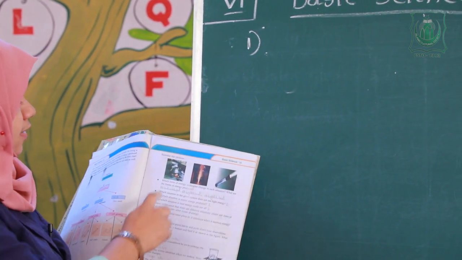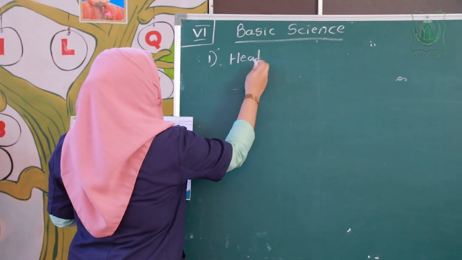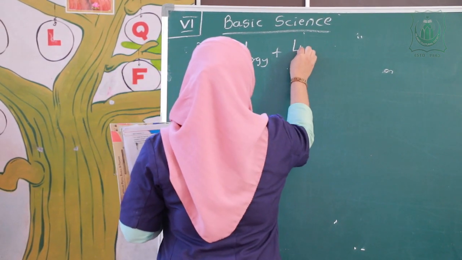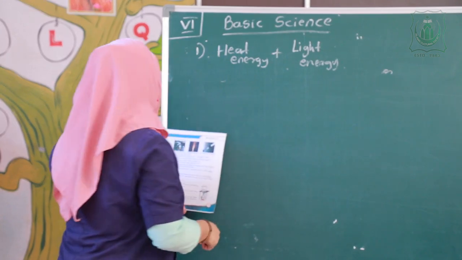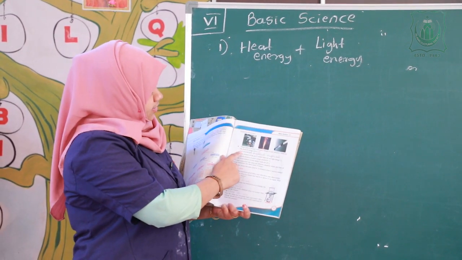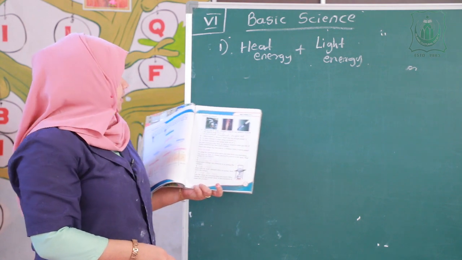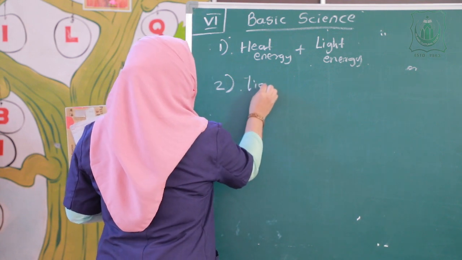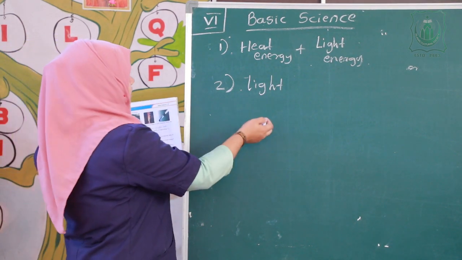We know that while burning a firewood, heat energy and light energy are produced. In the second situation, when a sparkler is lit, what forms of energy are produced?